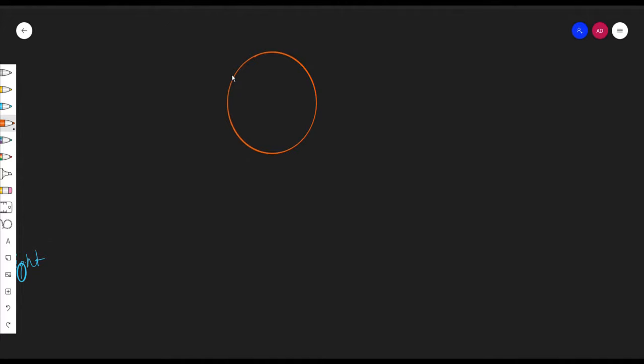But in a circle, we are going to need something new, and this new thing is pi. What is pi? Pi is the circumference of a circle divided by the diameter, and this is a constant number, which is 22 divided by 7 or 3.14.